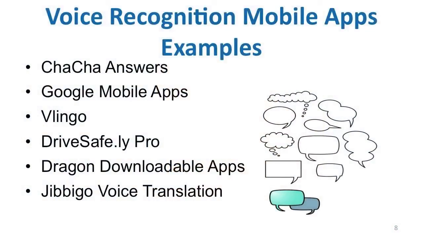Here are some examples of mobile apps incorporating voice technologies. Starting with Cha-Cha Answers, a question and answer service available for the Android platform. Then Google mobile apps, we all tend to know these. VLingo, it's like Siri on the iOS platform. It's your personal assistant using voice.